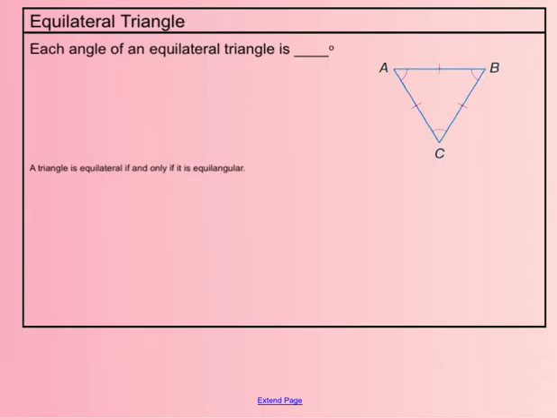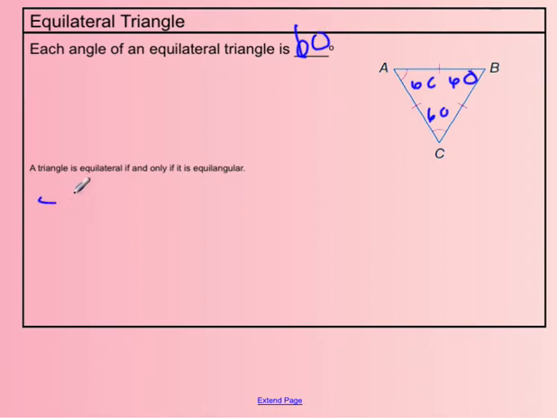Let's take a look at this one, an equilateral triangle. Each angle of an equilateral triangle is 60 degrees. So if it's equilateral, this is 60 degrees, this is 60 degrees, and this is 60 degrees. A triangle is equilateral only if it is equiangular. What does that mean?